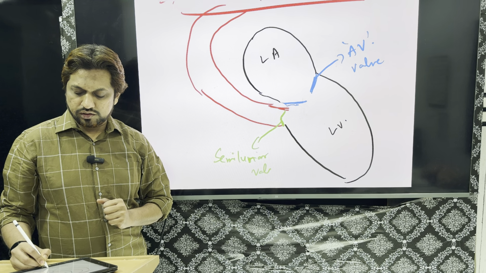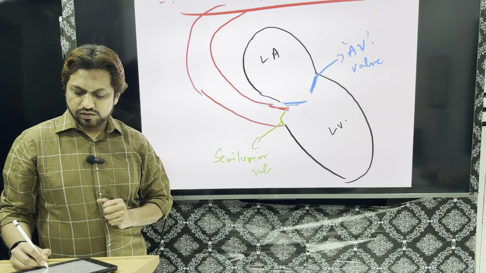Left atrial pressure is determined by passing a catheter, that is the pulmonary capillary wedge pressure, which is recorded indirectly, and the right atrium directly by putting a catheter in the right atrium. Similarly, the pressure in the left ventricle or the right ventricle is determined by putting an intracardiac catheter. So anyway, the atrial pressure, that is the A wave, is seen. Similarly, ventricular pressure.